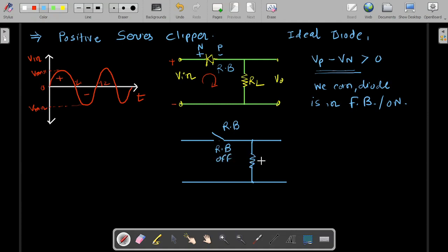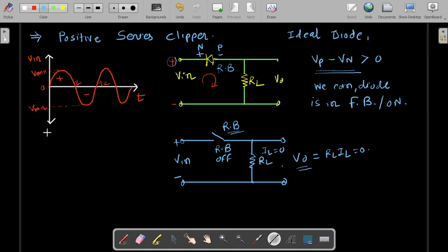And what will happen over here? The current flowing through RL, IL, will be 0. So V output equals RL into IL, which equals 0. So whenever this terminal is positive, the diode will be in reverse bias and we will always get V output equal to 0.